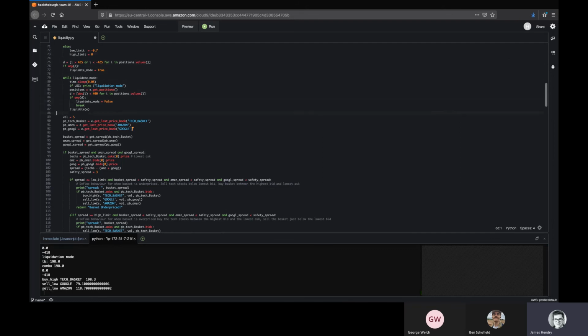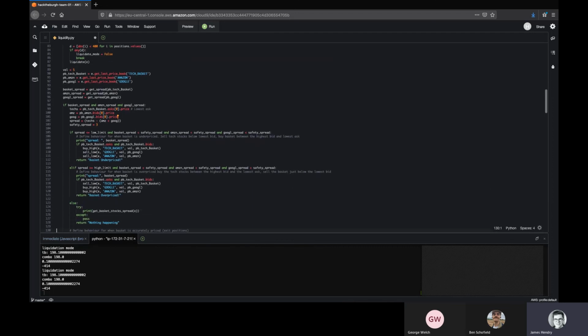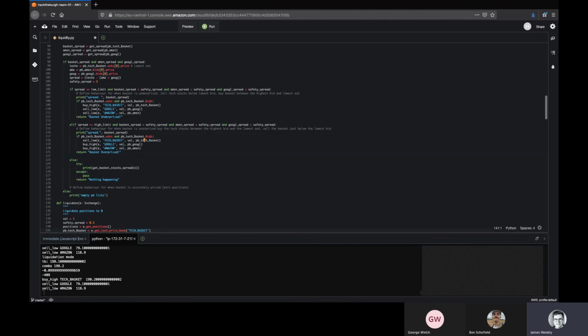If these spreads do exist, then we check what the lowest ask price is for the tech basket and the highest bid price for Amazon and Google. If that sits within our low limit and everything's below the safety spread, so we can't get caught out, then we buy a tech basket and short Amazon and Google. Otherwise, we do the inverse.